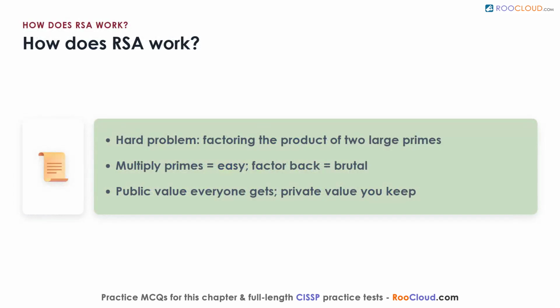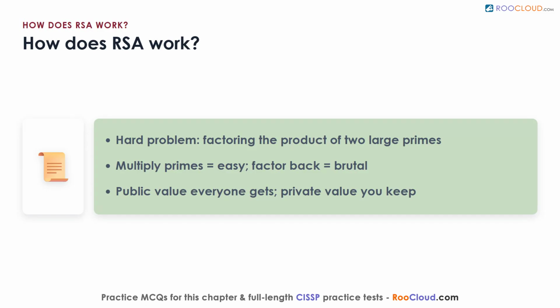How does the RSA algorithm work under the hood? RSA is the most famous public key system, named for its three creators, and it powers secure communication worldwide. Its security rests on one hard problem. Multiplying two very large prime numbers is easy, but factoring the result back into those primes is brutally difficult. To build a key pair, you pick two large primes and multiply them.